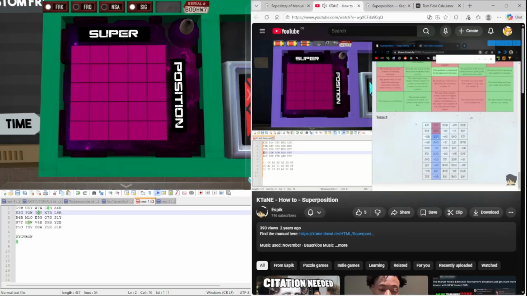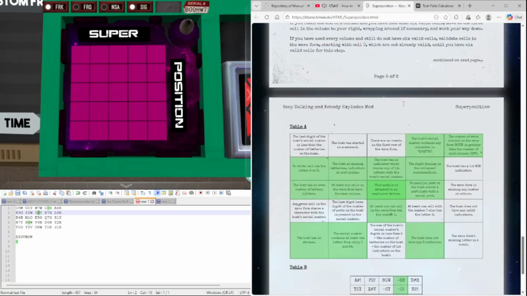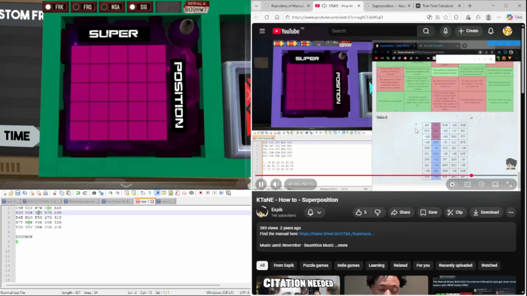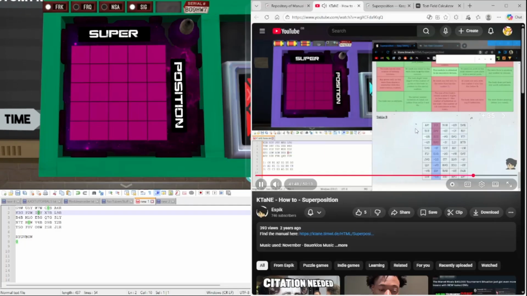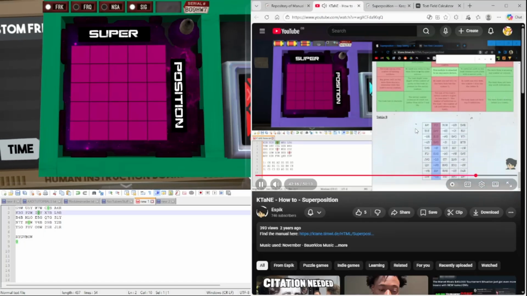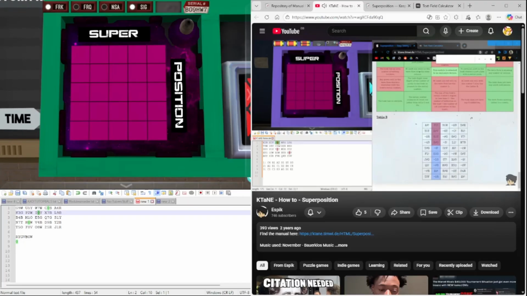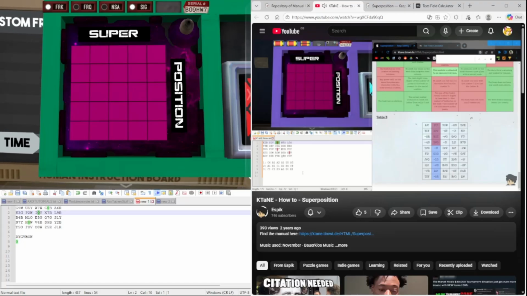Now this cell right here, R0Y, it's kilo. Additionally, if a cell lands on a cell that has already been used, you just skip it.